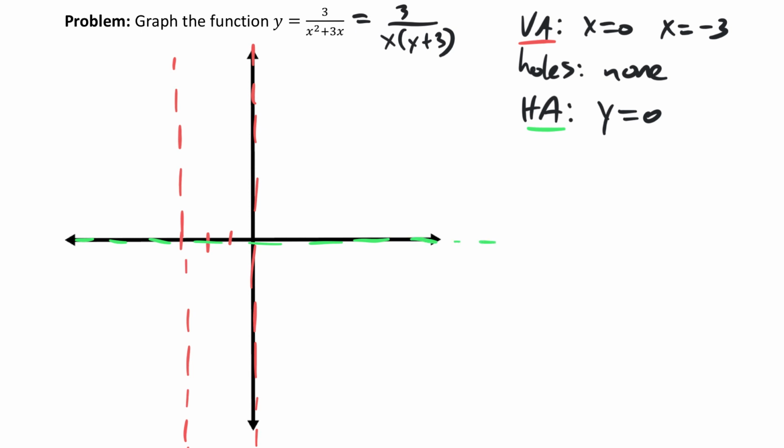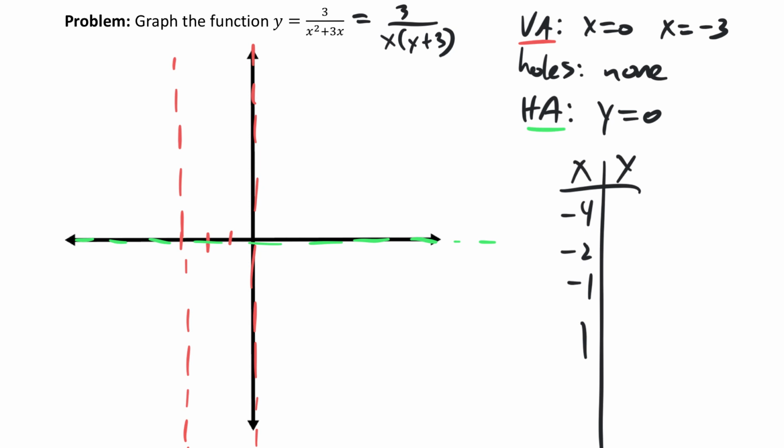Now in this case, because we have 2 vertical asymptotes, our table is going to need to be a little bit bigger. We're going to need a point on the left, so that's going to be at -4. Then it's probably a good idea to grab both points in the middle, so -2, -1. And then we need definitely a point on the right. So let's plug each one of these into our function. When we plug in -4, we'll get 3 over -4 times -1.